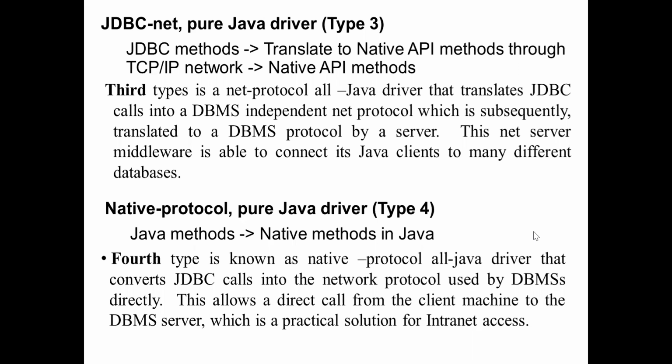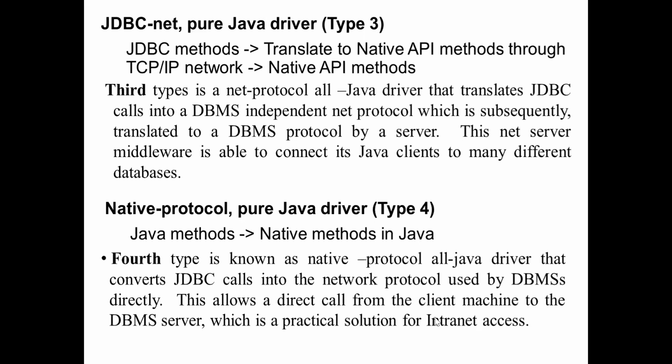The net server middleware is able to connect its Java clients to many different databases. So the TCP/IP network role is very important. This is Type 3.